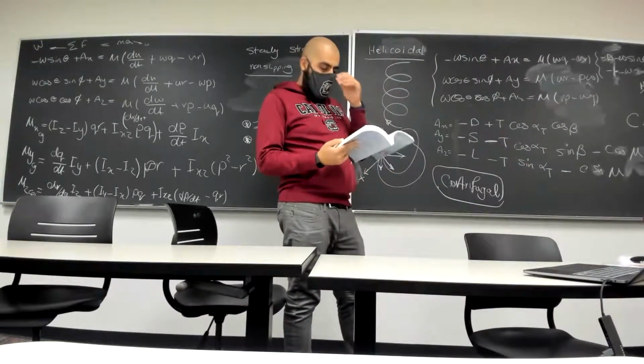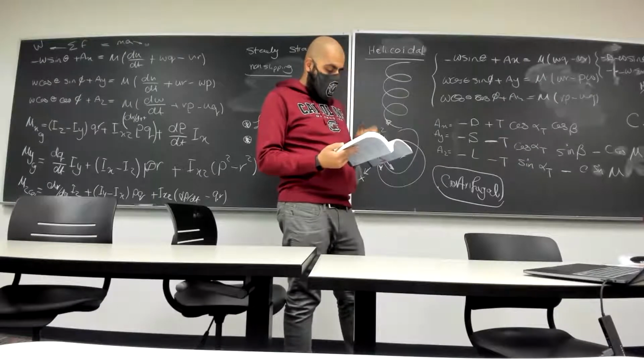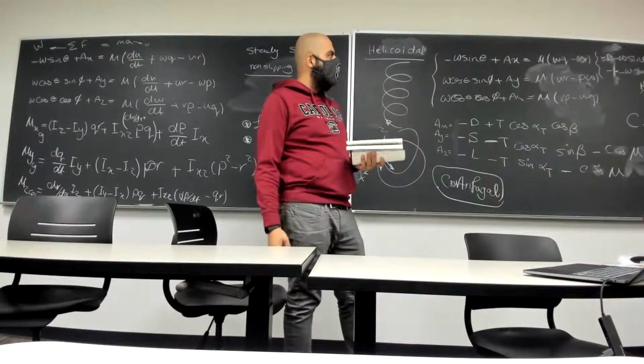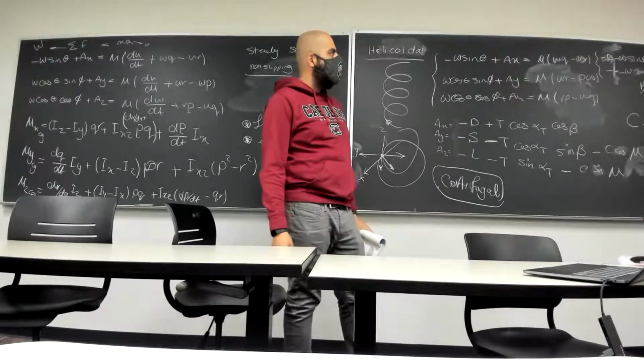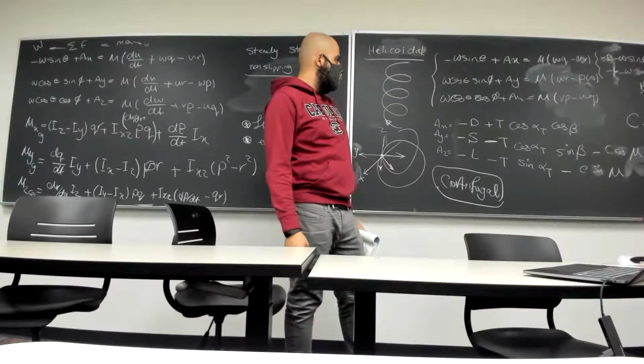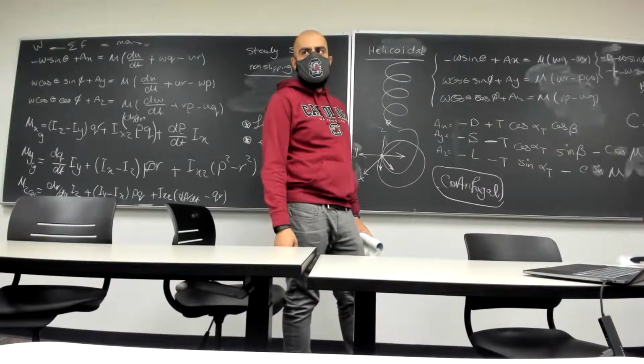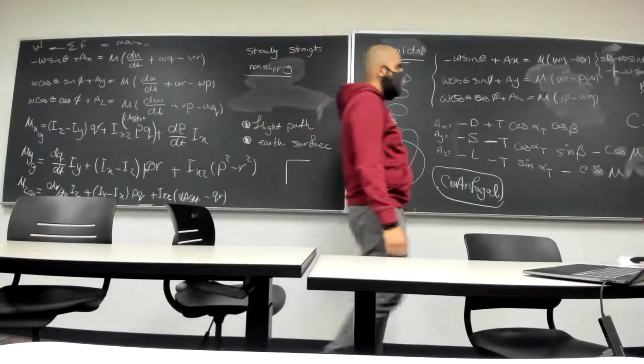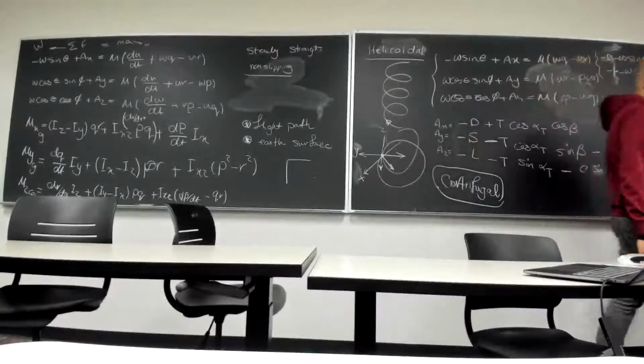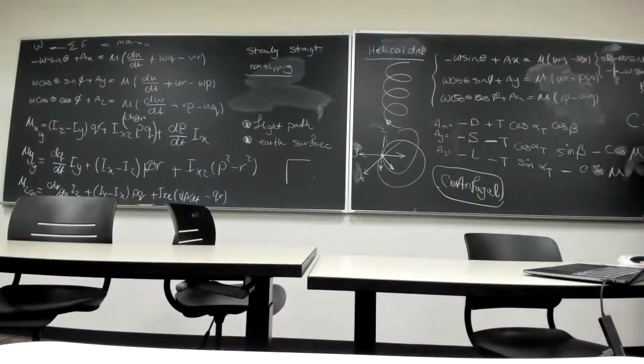I'm just a little confused on the whole T sine alpha T. Is that the Y equation or the Z equation? The Y equation. So then, I guess, it's the Z equation, since lift is in there. Which one, this one or this one?